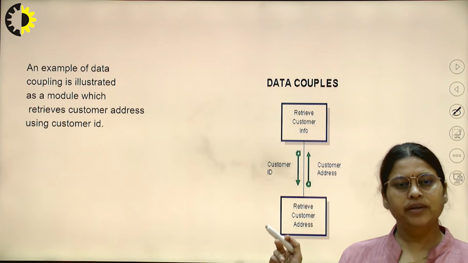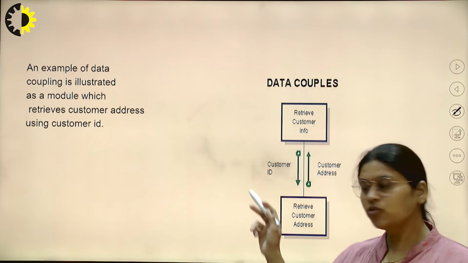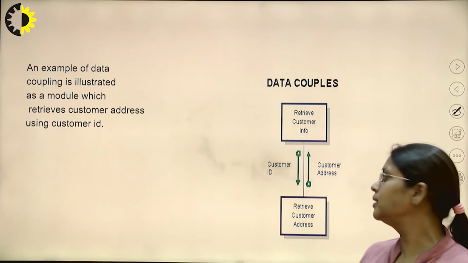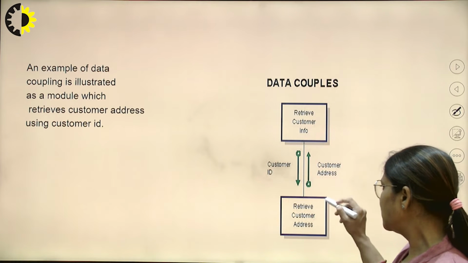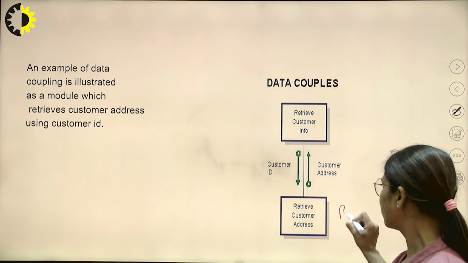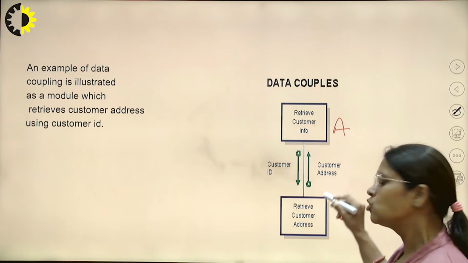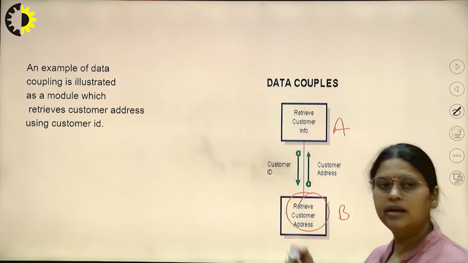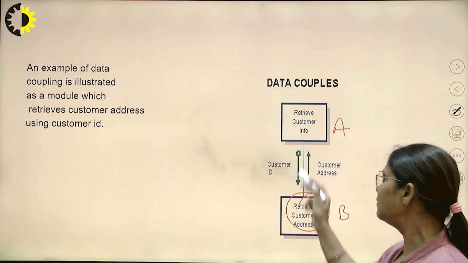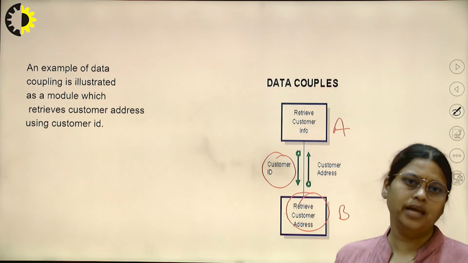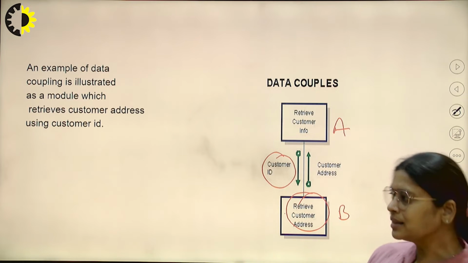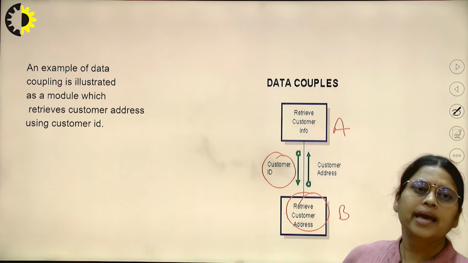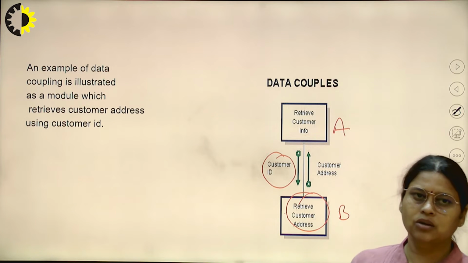This is an example of data coupling, illustrated in these two modules, which retrieve a customer address using the customer ID. Suppose this is module A and this is module B. Module B retrieves the customer address only by using the customer ID from module A. We have just passed one parameter, that is the ID, and we have retrieved the customer address for that customer.